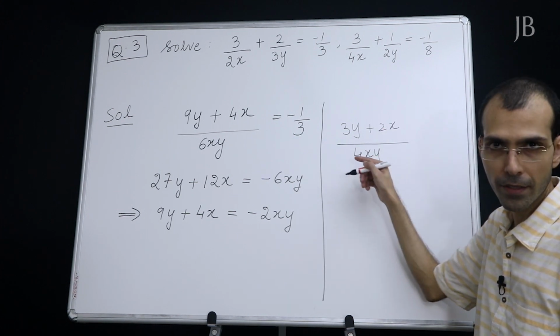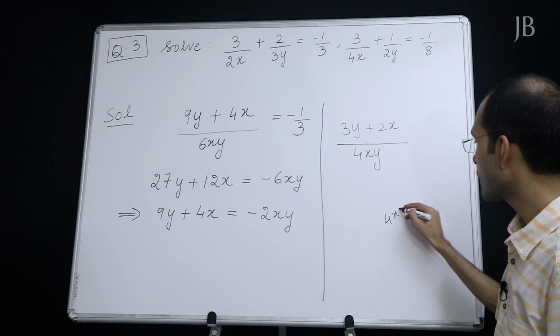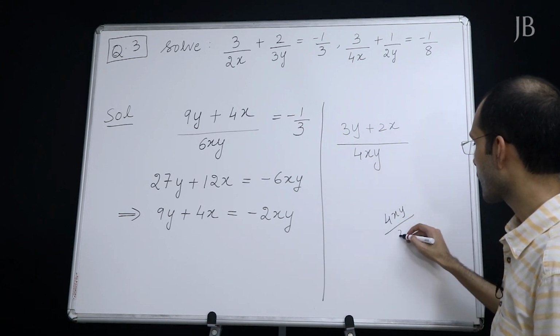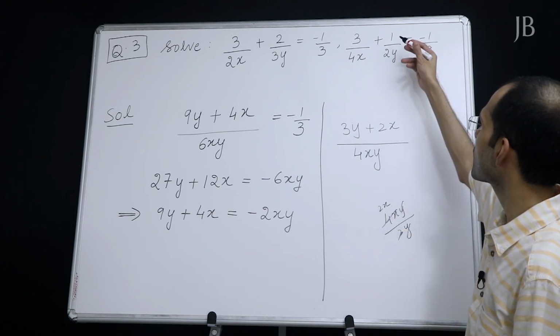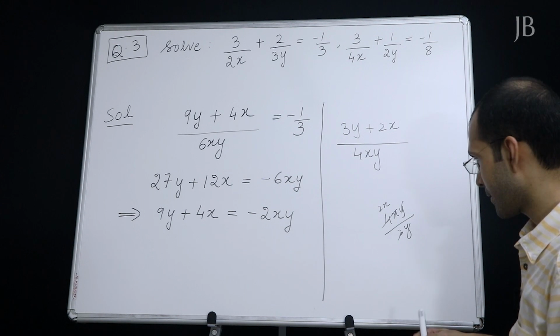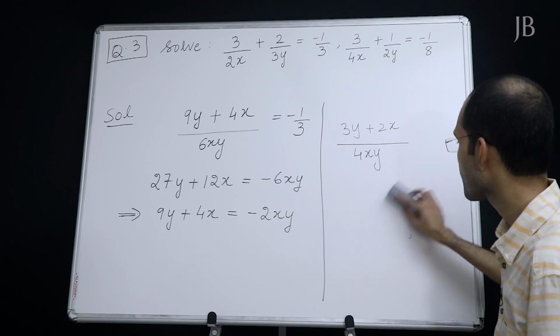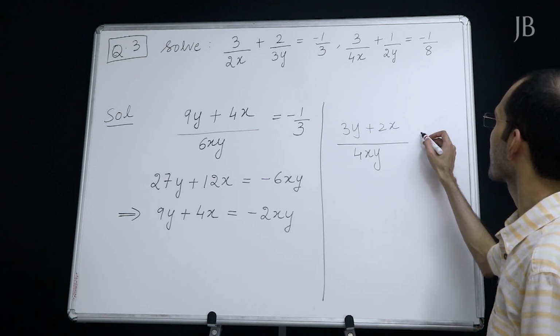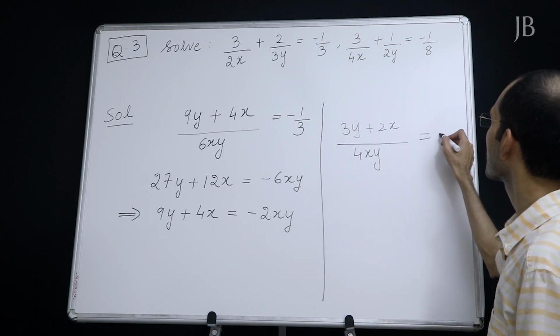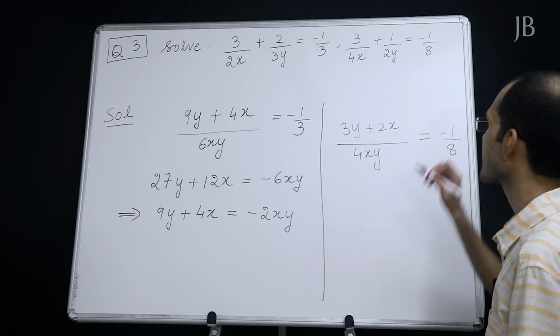See what I have done is 4xy divided by 2y. 2x. This 2x will get multiplied with the numerator. So numerator is 1. So 2x into 1 is this. Is equal to minus 1 upon 8.